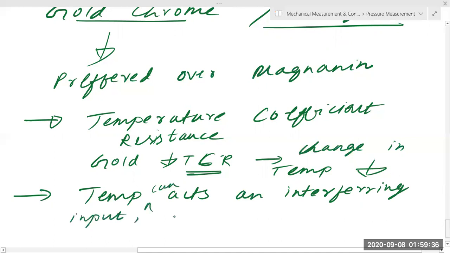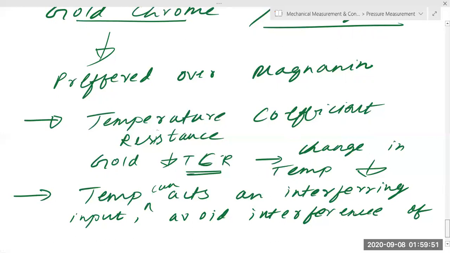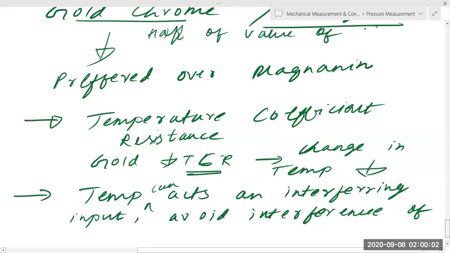So we can avoid the interference of temperature by use of gold chrome, because it has half the value of the temperature coefficient of resistance as compared to manganese.